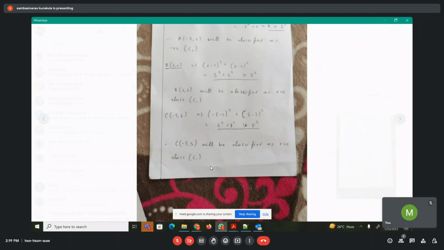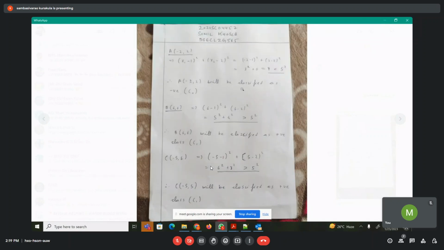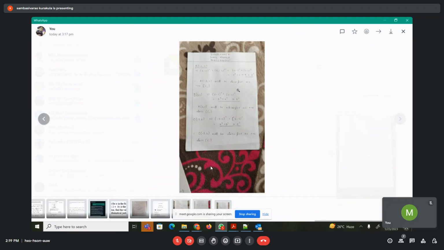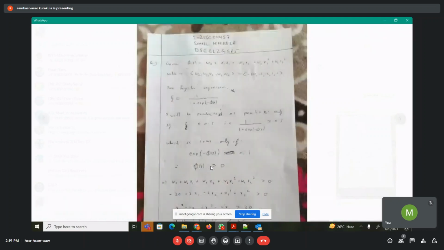Even if you don't understand this algebra, if you just substitute the w0, x1, x2, find the probability and classify it as c0 or c1, that should have given 50% marks. The circle part will give the other 3, so that's why they mentioned 3 plus 3.